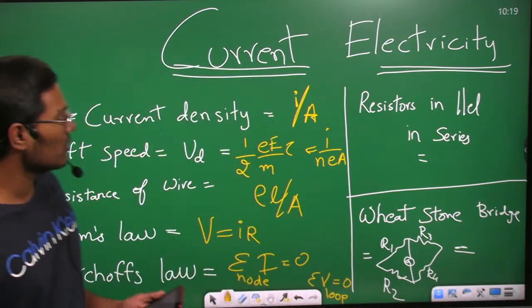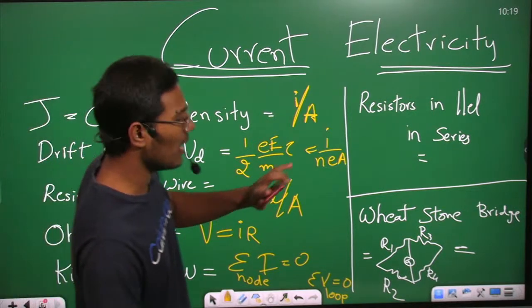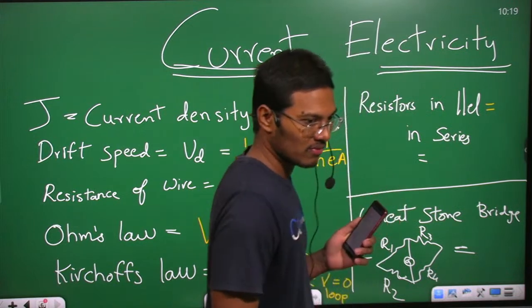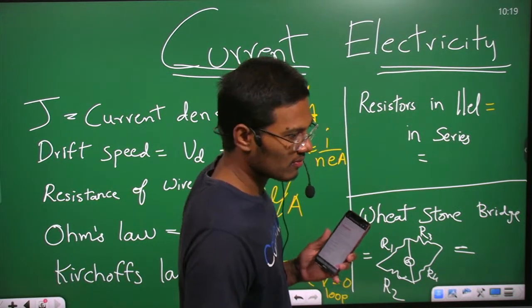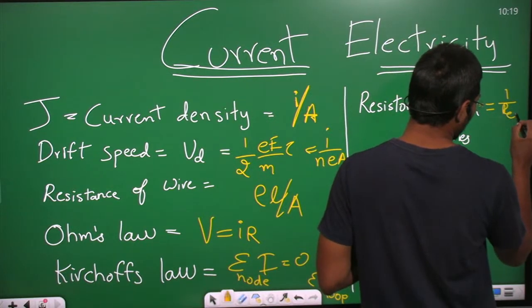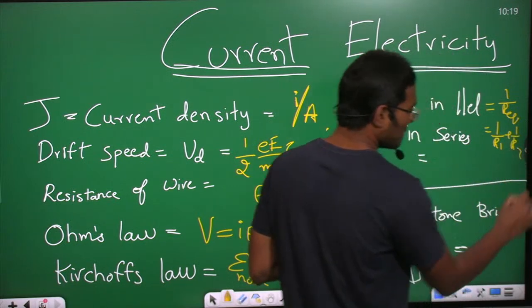Come on. So, equivalent resistance when connected in parallel: 1 by R equivalent is equal to the sum of reciprocals, correct?